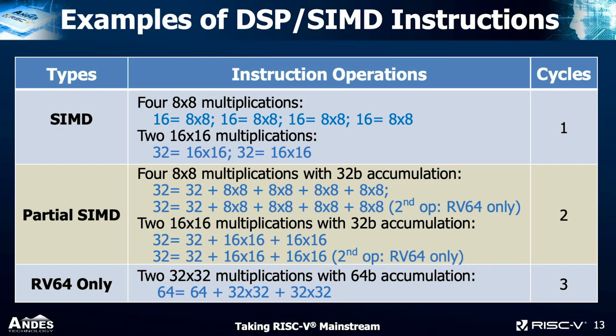And if you are RV64, then you can have 2 sets of that, doing that in parallel. And there's also an RV64-only instruction, which does 2 32x32 multiplications with 64-bit accumulation. And they have respective different cycle latencies, 1 cycle, 2 cycle, and 3 cycle, depending on the computation.